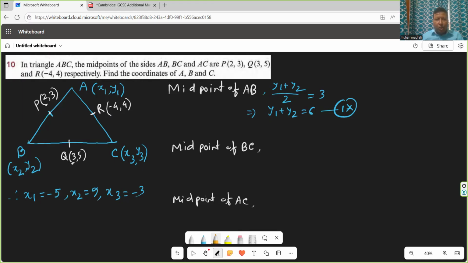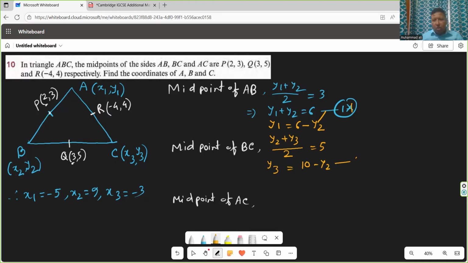And for BC, this is (y2 plus y3) divided by 2 equals 5. So from here we make y1 the subject, y1 equals 6 minus y2. We consider this is 1 star. And from here we can write y3 equals 10 minus y2.